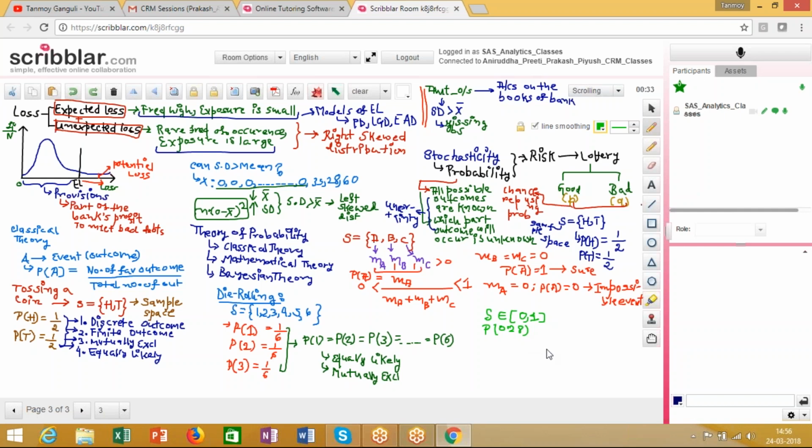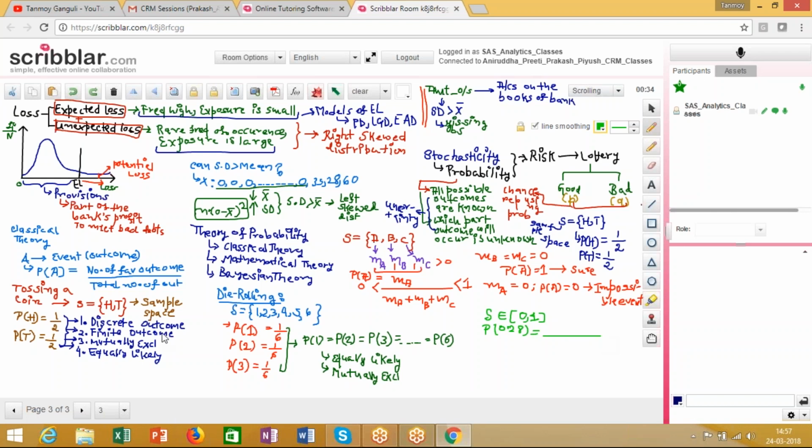Now if I try to use this definition, then I would perhaps not be able to obtain this probability figure, because defining the total number of outcomes in the denominator, or the total number of favorable outcomes, is very difficult over here, because there is 0.28.